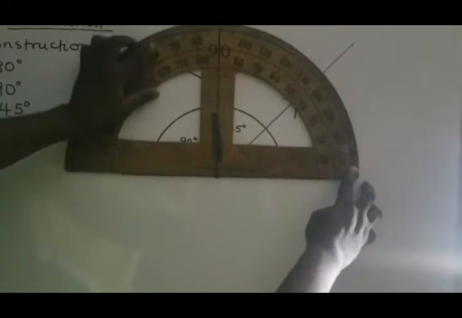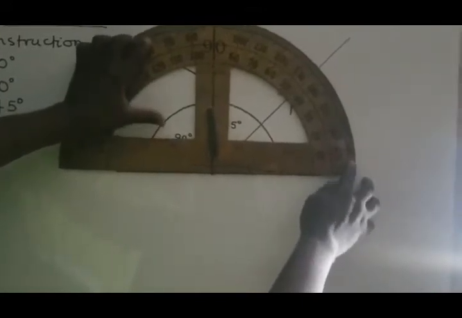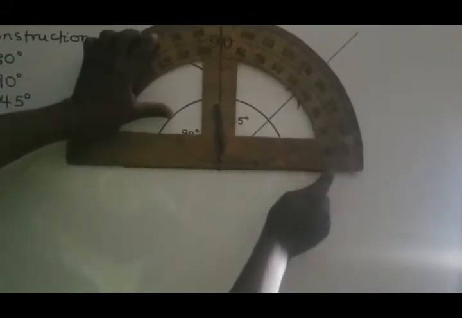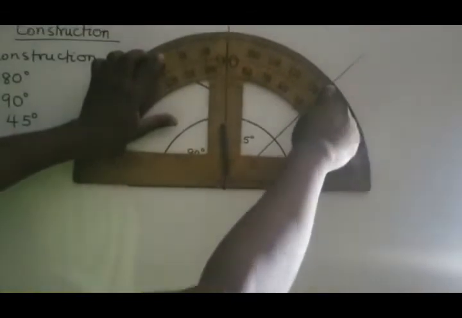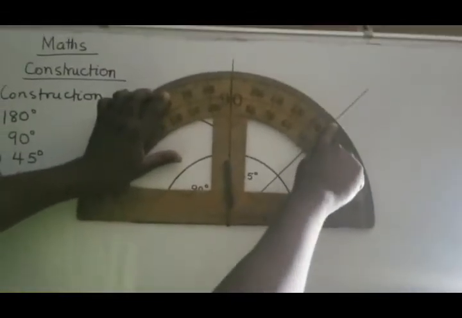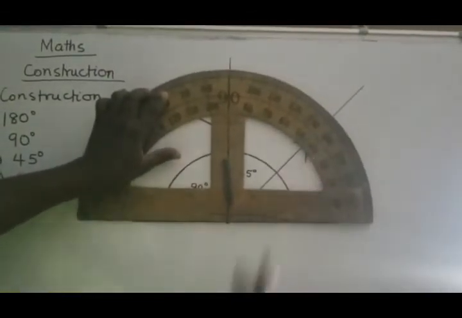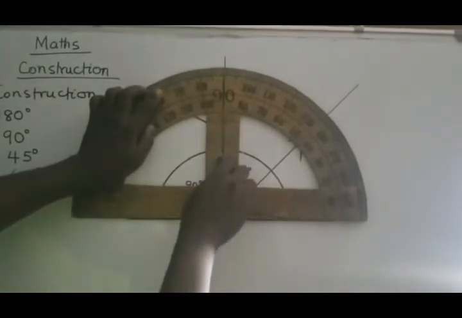You will see that this is my 0, this is my 10, this is my 20, 30, 40, look at 45, which is accurate. So we've been able to bisect 90 degrees. So that is 45 degrees, okay?